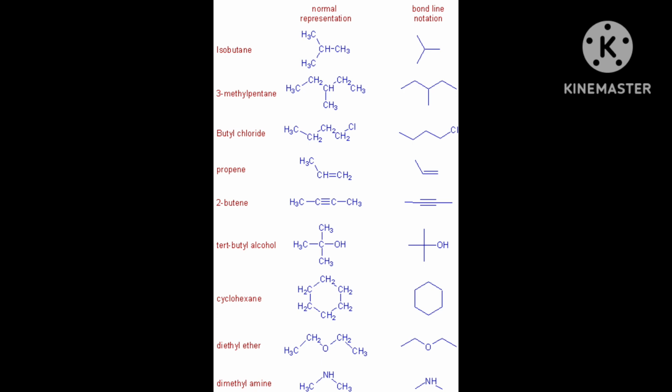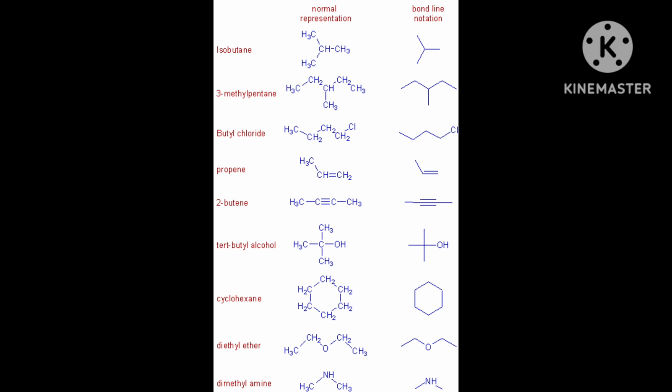Now, how will you write 2-bromobutane? First you write 4 carbons. One way I am telling you. First and last will be CH3. In the middle 2 carbons are remaining.